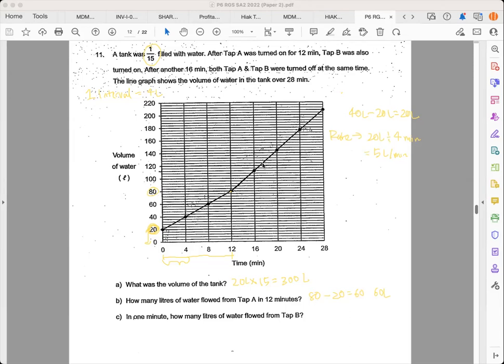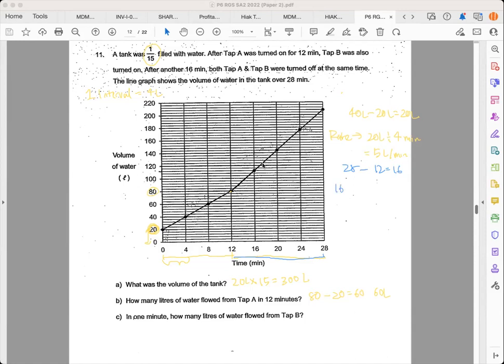From 12 to 28, 16 minutes have passed. In that 16 minutes, how much water came from A?